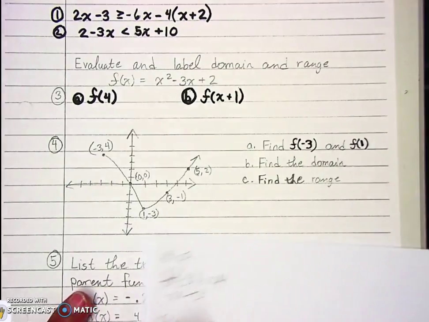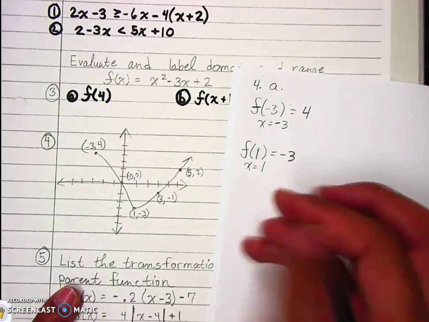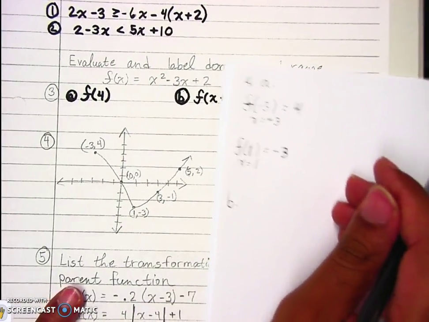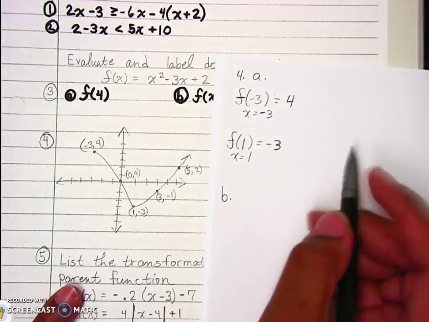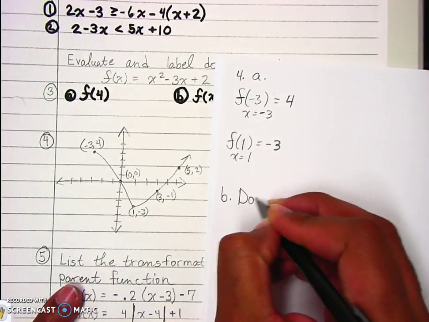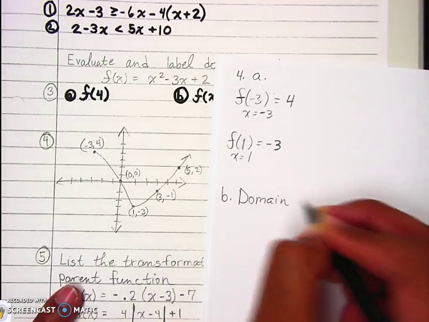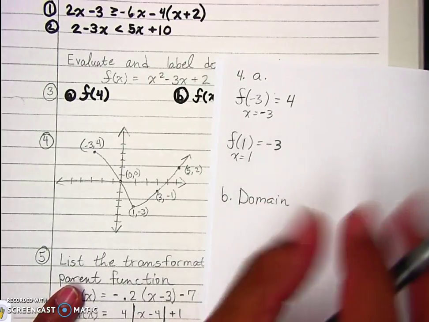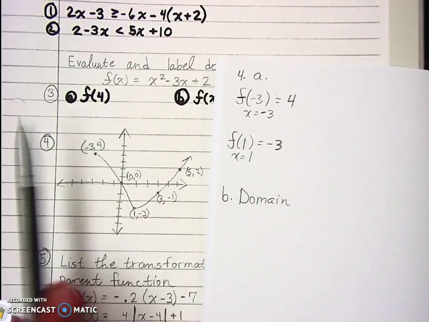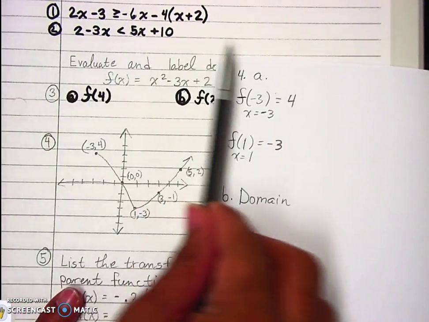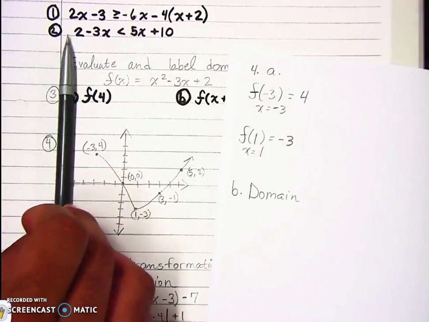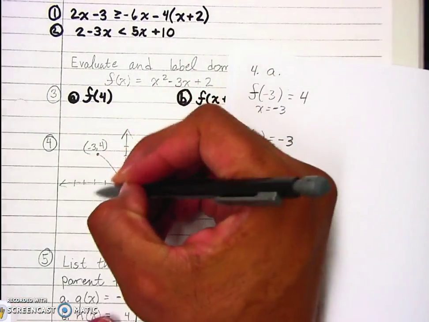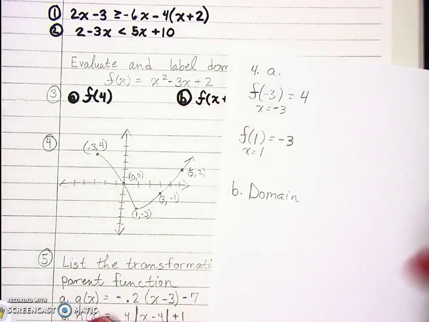Right, 4B now says, okay, let's take this graph and find your domain. So again, we're going from left to right to see where it starts and where it stops. And again, we said arrows mean infinity. So it starts here at -3. So this line right here at -3 is where it starts.